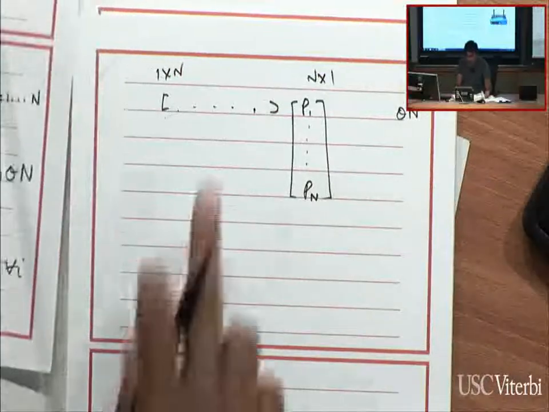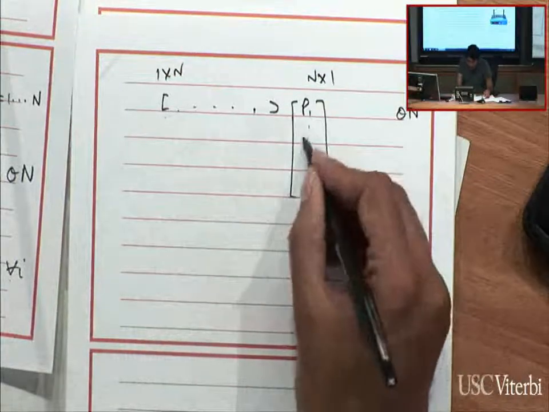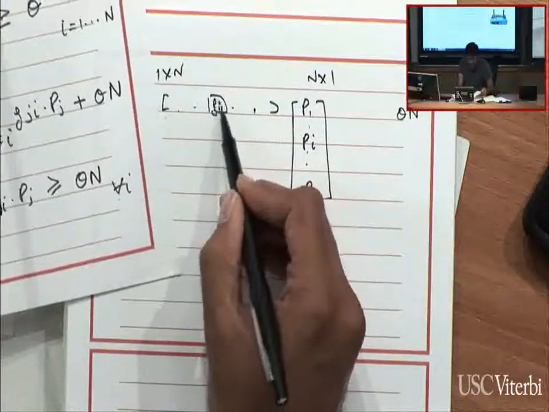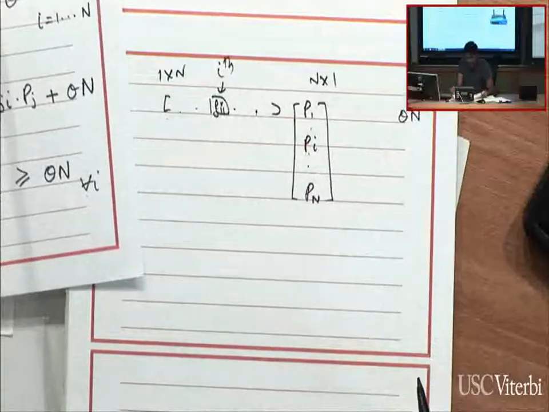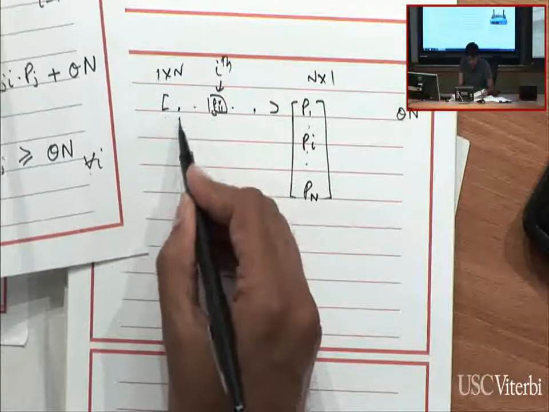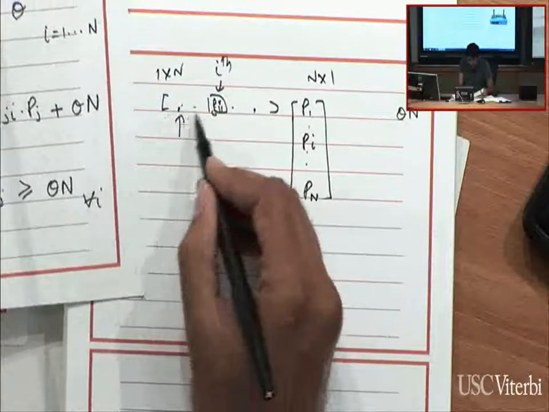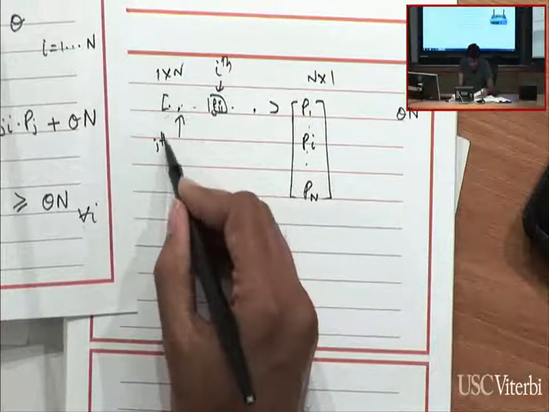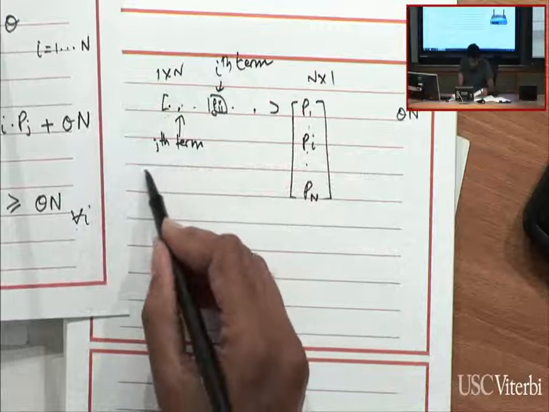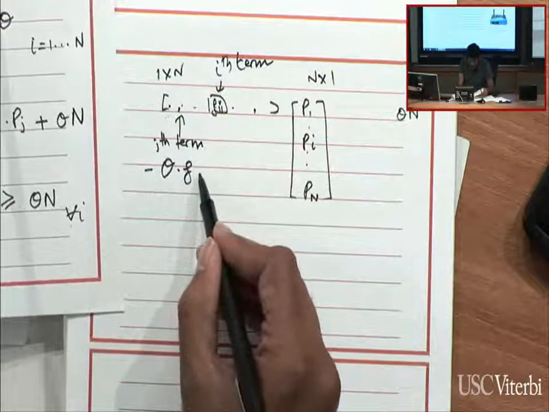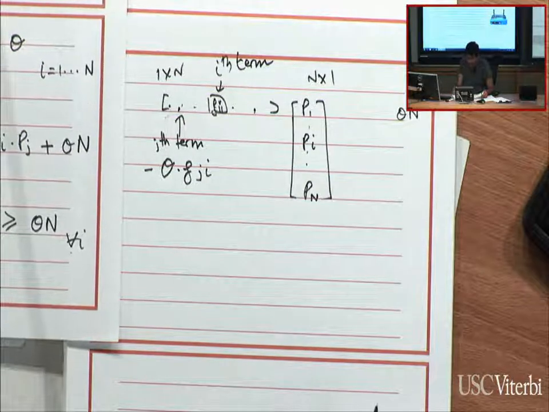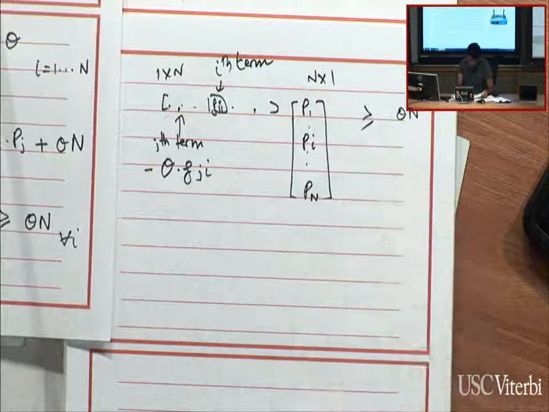So what should this vector look like? Whatever is P_i, the corresponding term over here is going to be G_ii. That's going to be the ith term. And all of the other terms, the jth term over here, is going to look like negative theta times G_ji, and we want this to be greater than or equal to.